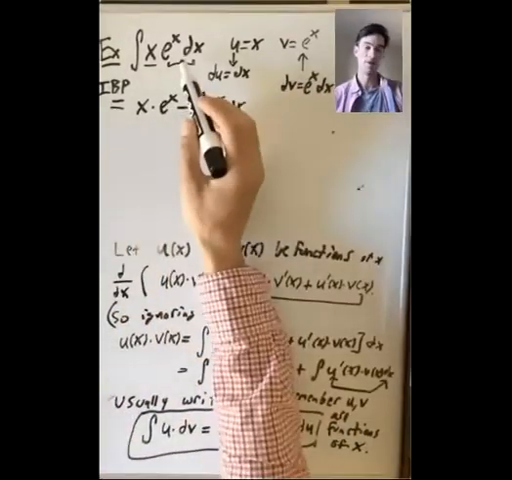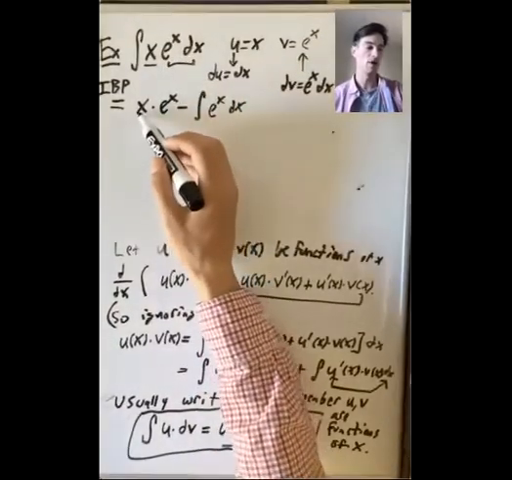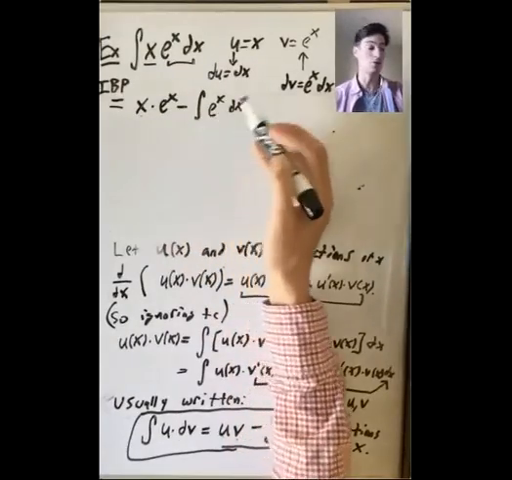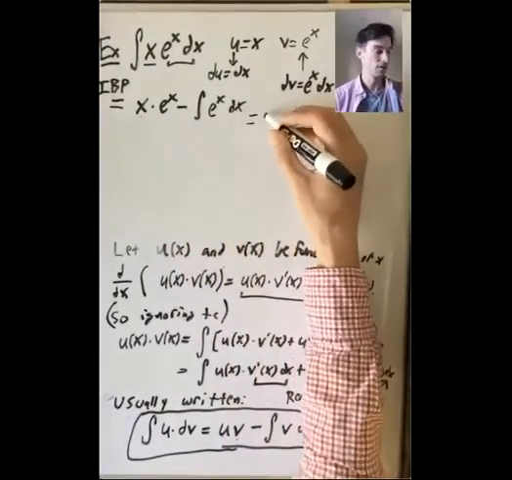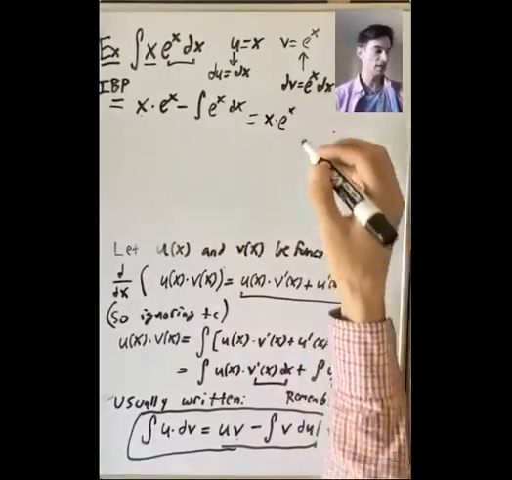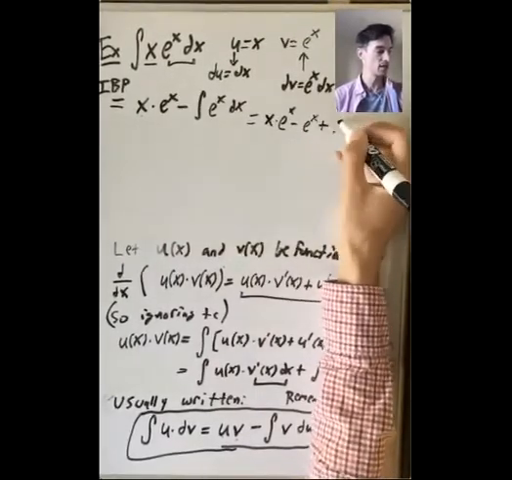So now we've found an integral. We started with this integral we didn't know, and we wrote it as a product of two functions minus an integral that we do know. So x times e to the x minus e to the x plus c.